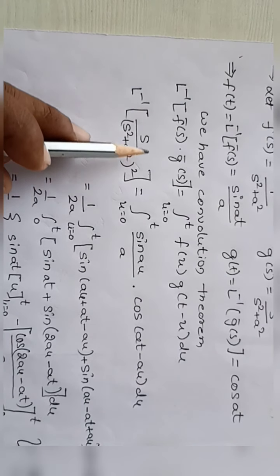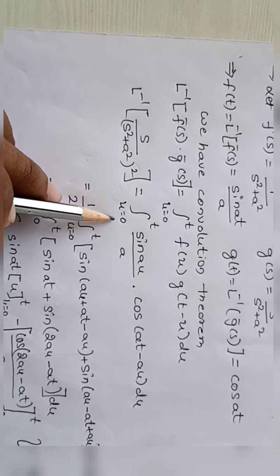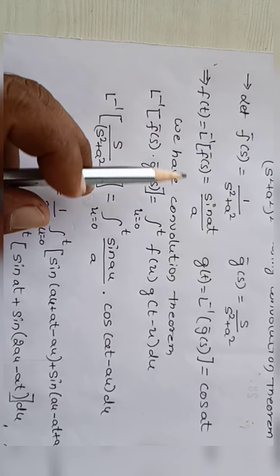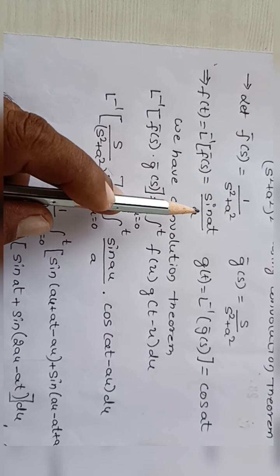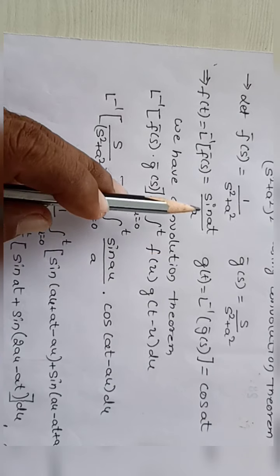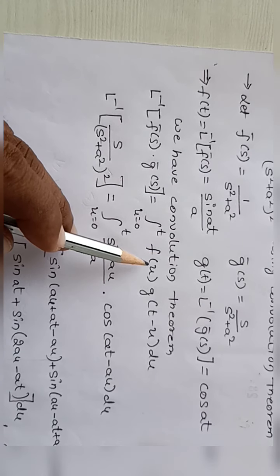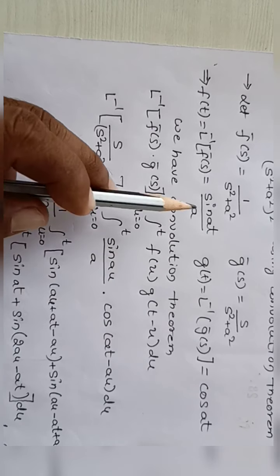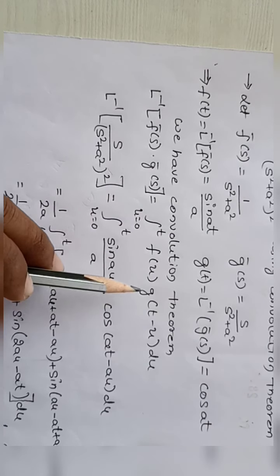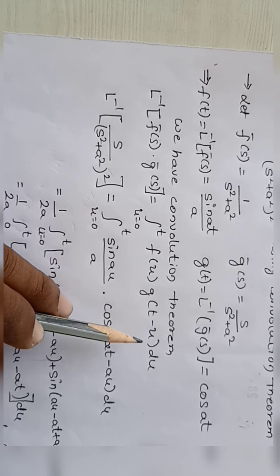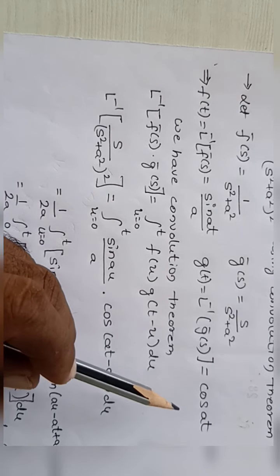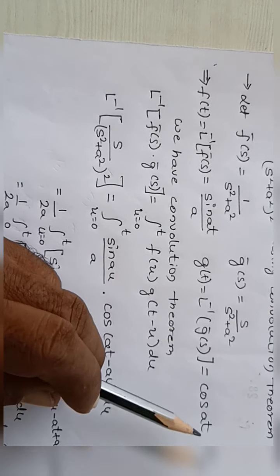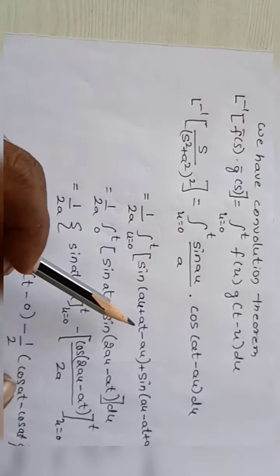Next, Laplace inverse of the given function is equal to integration 0 to t of f of u, which is nothing but sin AU by A. Next g of t minus u is cos of A into t minus u, that means AT minus AU, du.